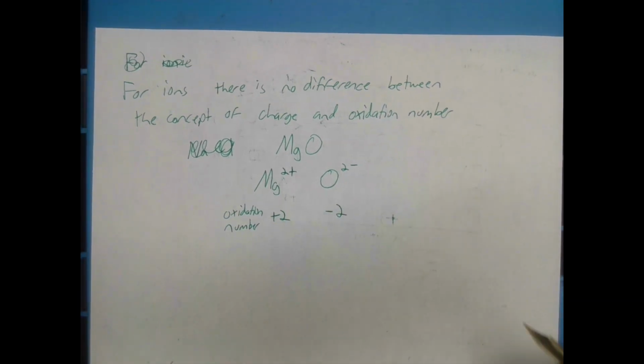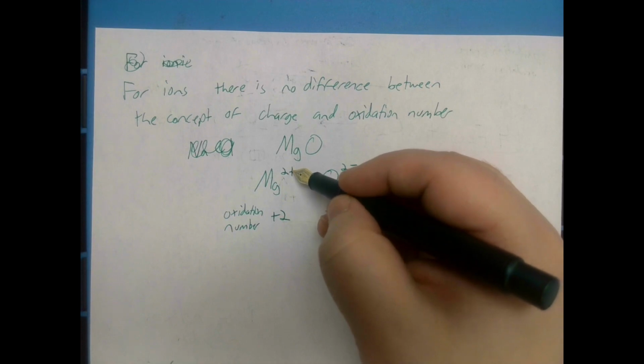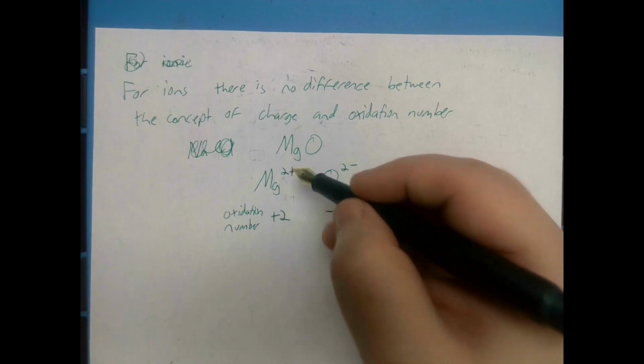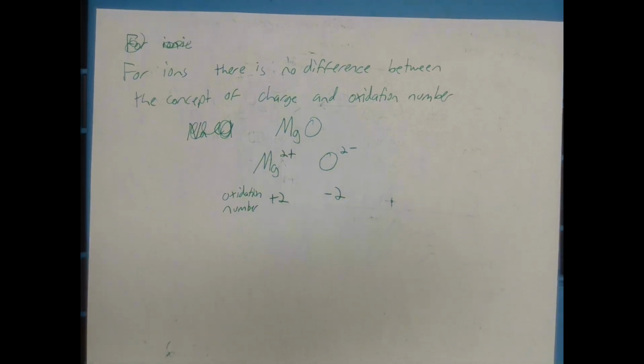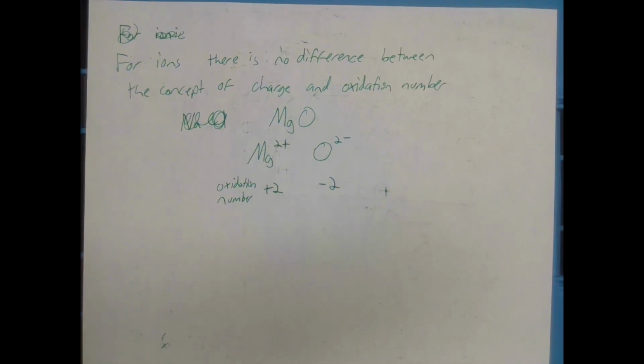The convention is charges have the sign on the right. Oxidation number has the sign on the left. So if you're dealing with an ionic compound, just figure out what the normal charges are. Don't worry about the complicated rules for oxidation number.